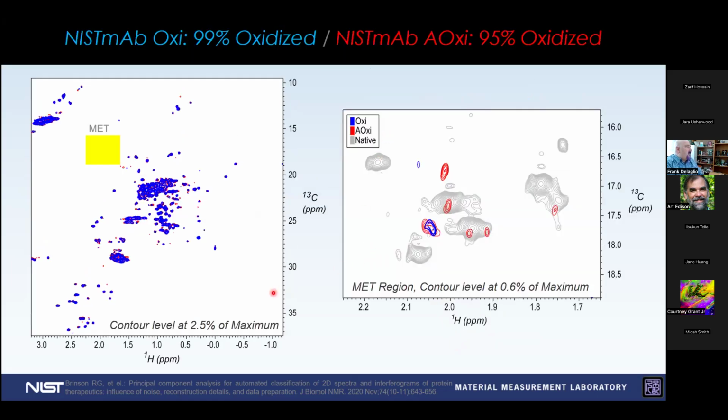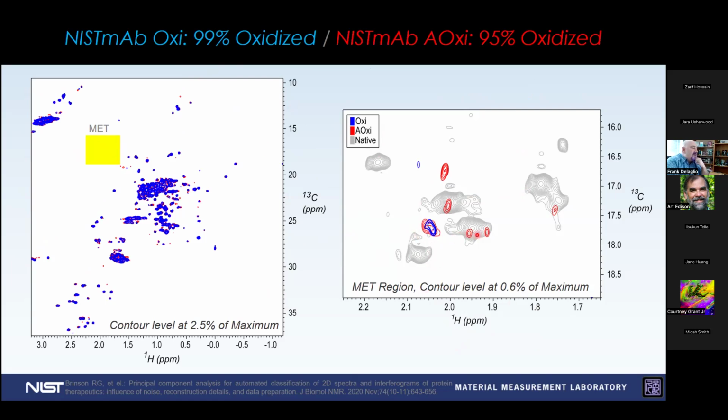Now, if we look at the spectra, in this particular case, the two samples that we made are almost completely oxidized. So the methionine peaks are completely gone. We have to look very low in the contour levels. So in blue is the only signal that's left over from the antibody oxidized all by itself.